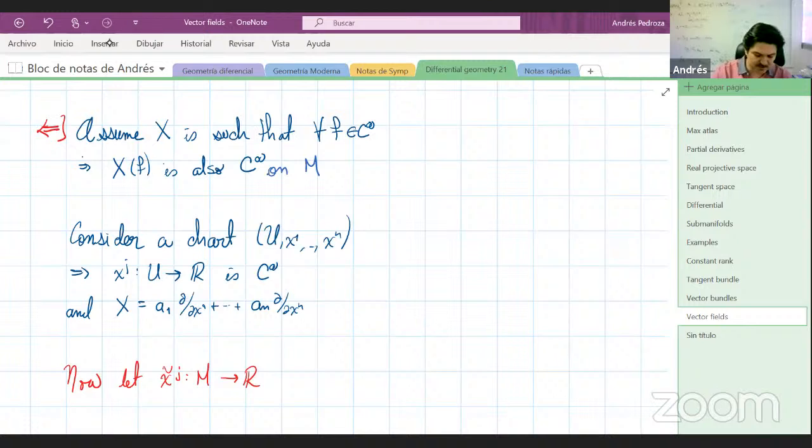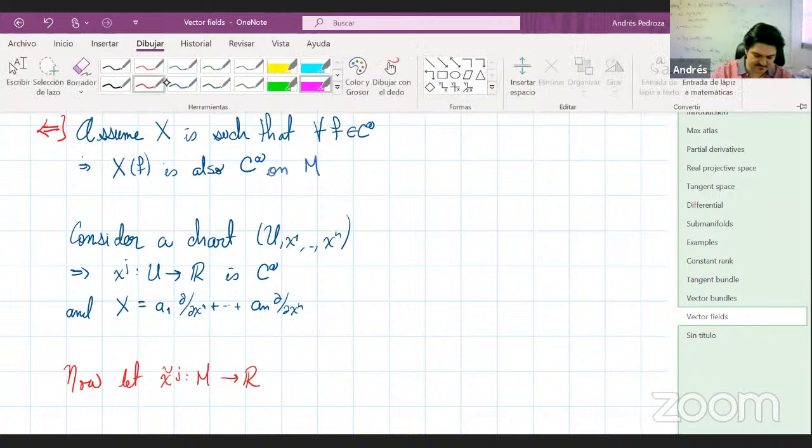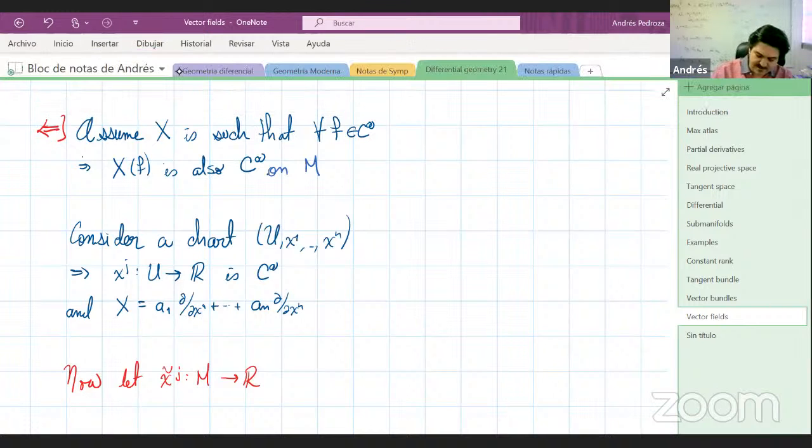Right? So here F is like this. So every time that I have a smooth function on M, I get another smooth function on M, which is this one.